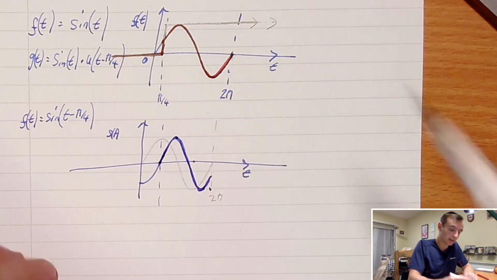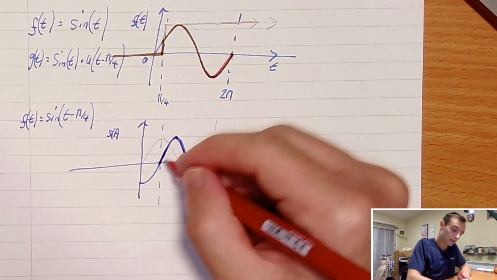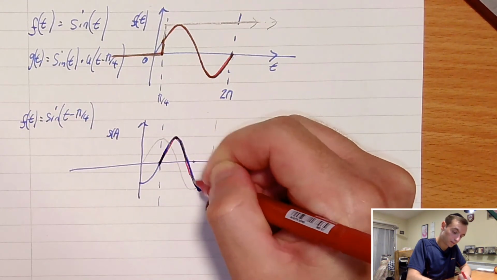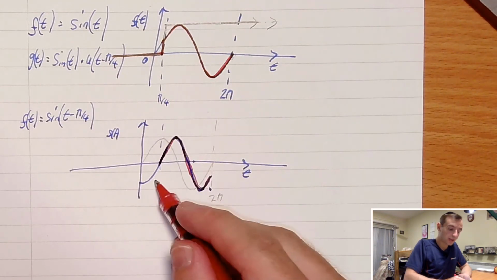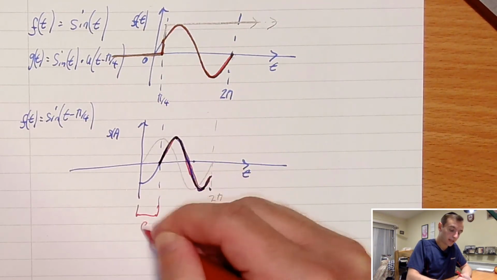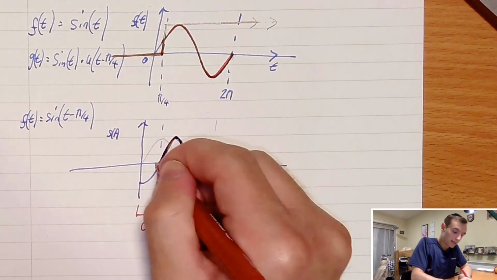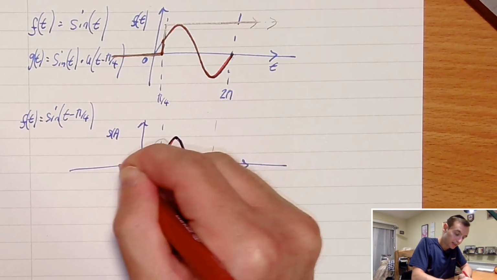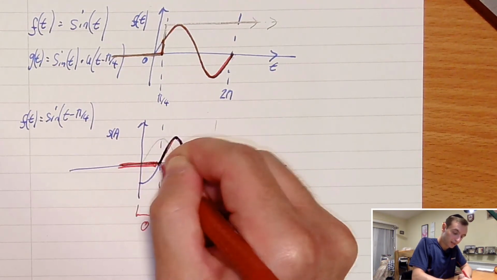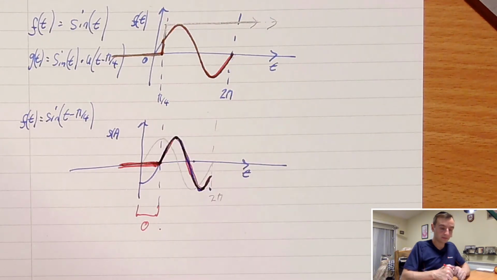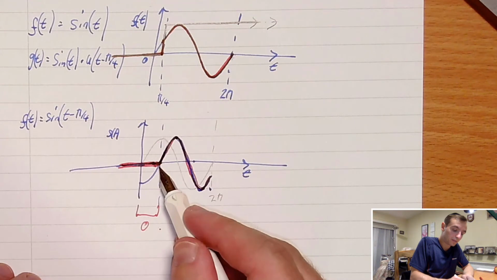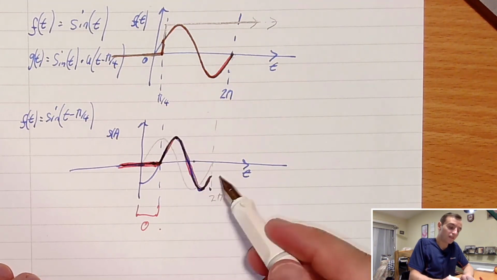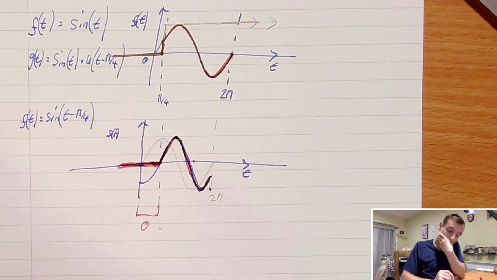You can see that a little bit thicker. Why? Because this part over here is going to have the value of 0. And we can actually represent that by extending the function like that. So it's going to be 0 for every value before t equals pi on 4. And after that, the function is going to turn on.